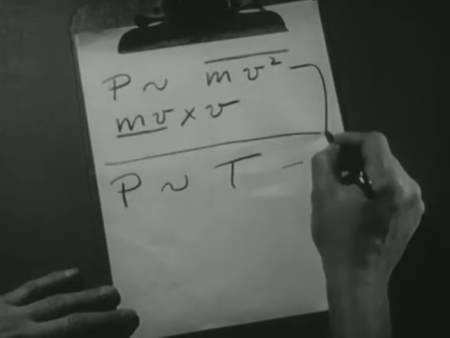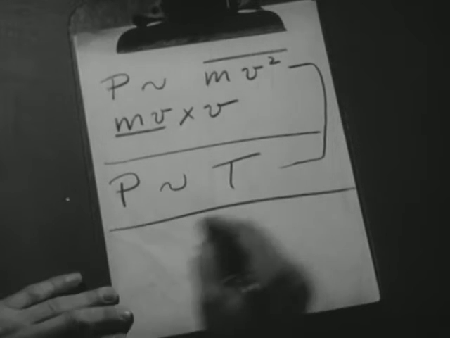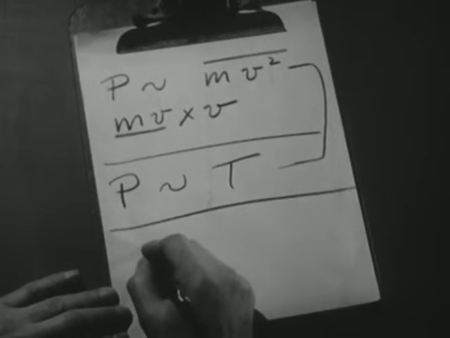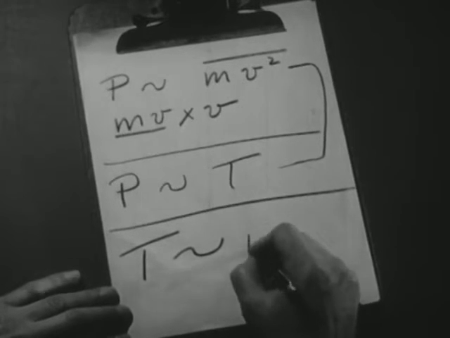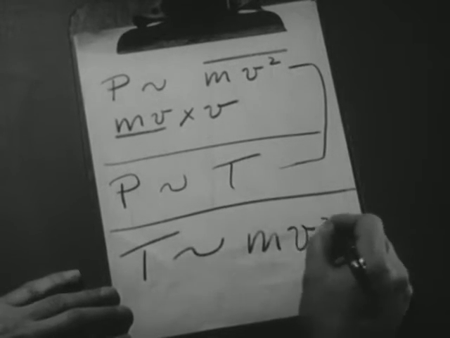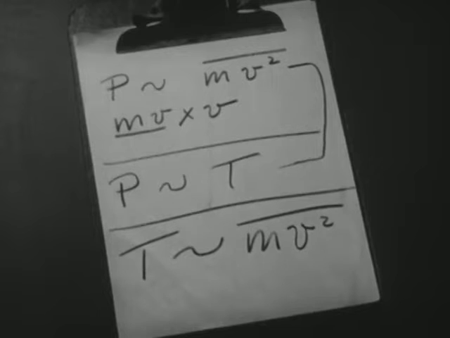We simply identify one with the other and say that T, the temperature, is proportional to the average kinetic energy of motion of the molecules. We simply measure the average kinetic energy of translation of the molecules by observing the absolute temperature. When a gas is hot, the molecules are moving fast. When it's cold, the molecules are moving slowly.